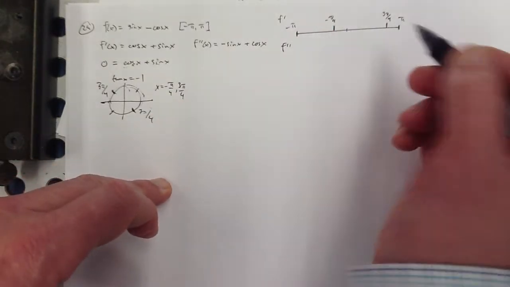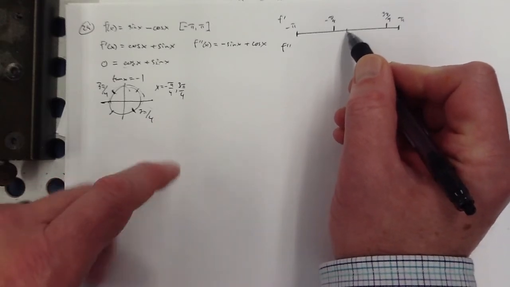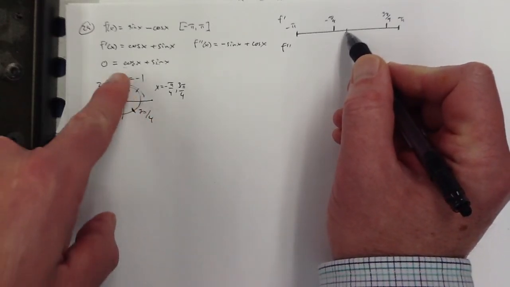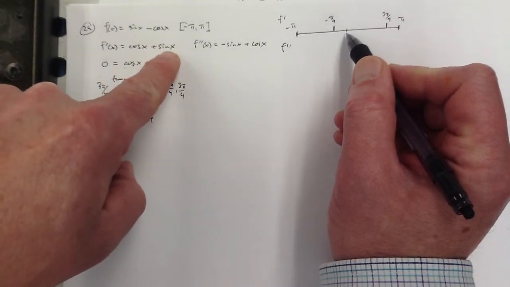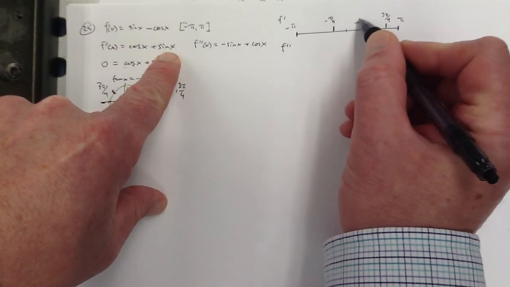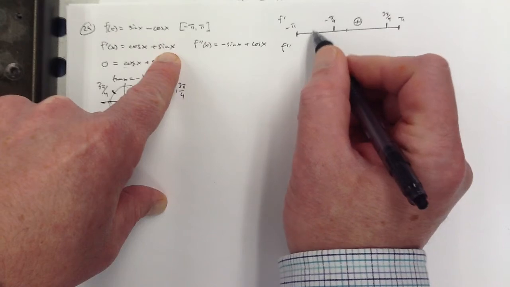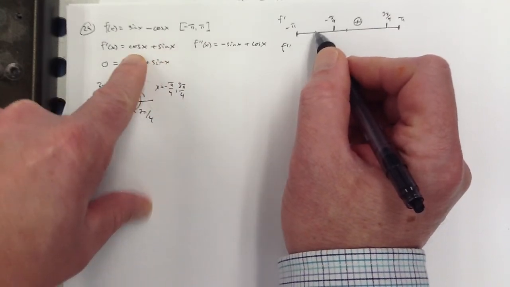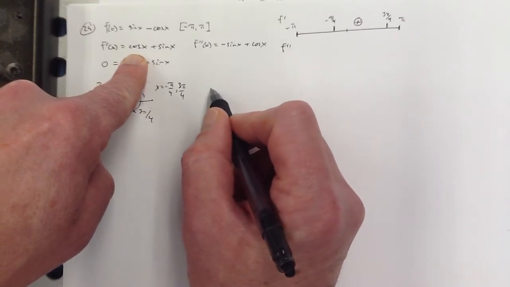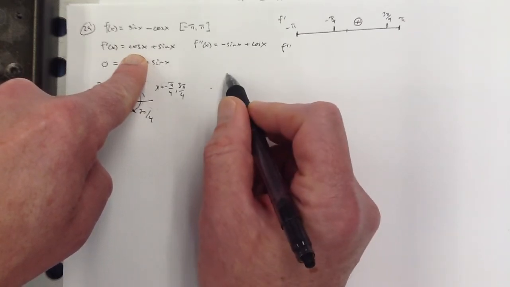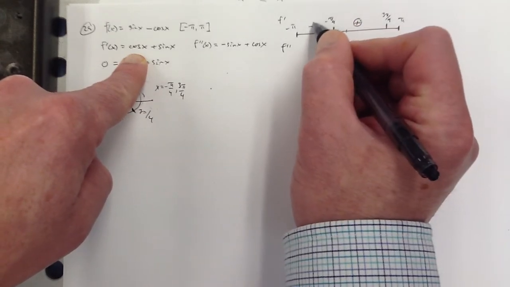Well, maybe we need to test points. So if I tried 0, for example, in between here, then at 0, I have the cosine of 0 is 1 plus that is 0. So this is positive in here. And then here, I could just test this endpoint here. I could do -pi over 2. The cosine of -pi over 2 is 0, and the sine of -pi over 2 is -1. So that's negatives down there.